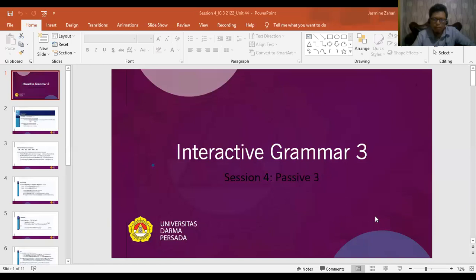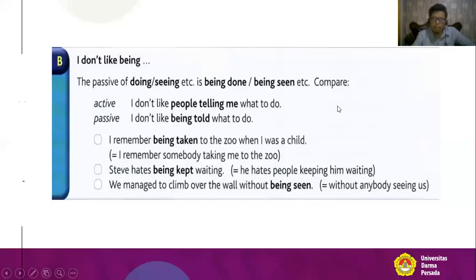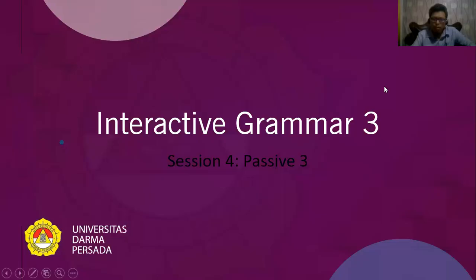Your topic of today's lesson is passive three. We have so far learned about passive one and two, that means the basic concept of passive, and then several patterns of passive. Hope that you still remember all of those things.